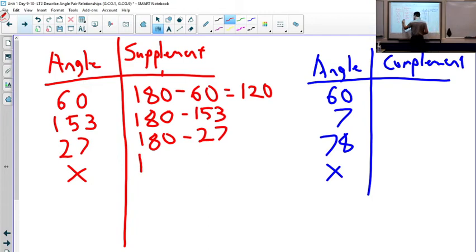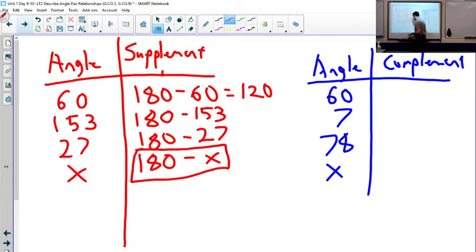The pattern is still going to be 180 minus x. And if you think in algebra, this is what a variable does. It lets things vary. It lets you say that this is a pattern, and to generalize it and say, I don't care what the number is that I put in here. If I want its supplement, the pattern is I take it and subtract it from 180. That's the process.